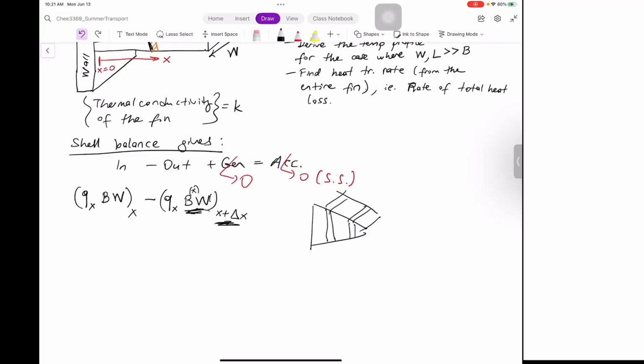So that's the reason why I am accustomed to keeping everything within parentheses and writing X plus delta X outside.